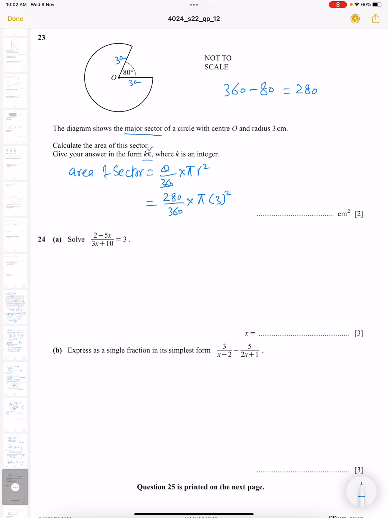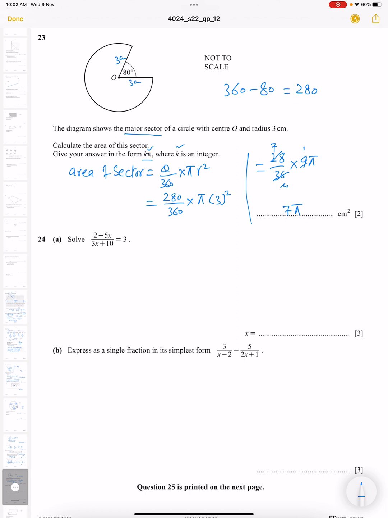Now we have to simplify them. The zeros are cancelled. It became 28 by 36 times 9 pi. You know that 9 times 1 and 9 fours are 36, and 4 7s are 28, so we have 7 pi as the answer. So k is basically 7 here. They are saying k is an integer, which is 7 here.